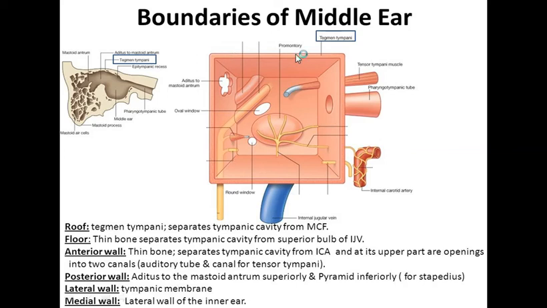Now we can see that the roof is formed by the tegmen tympani, which separates the tympanic cavity from the middle cranial fossa, right? This is the tegmen tympani. So above is the middle cranial fossa. The floor is formed by thin bone that separates the tympanic cavity from the superior bulb of the internal jugular vein, right?